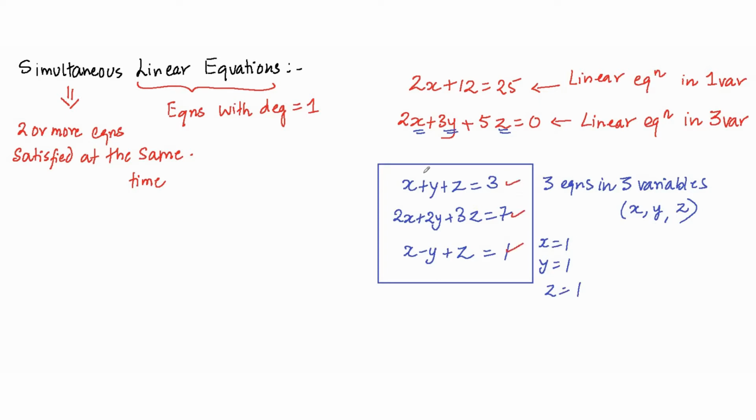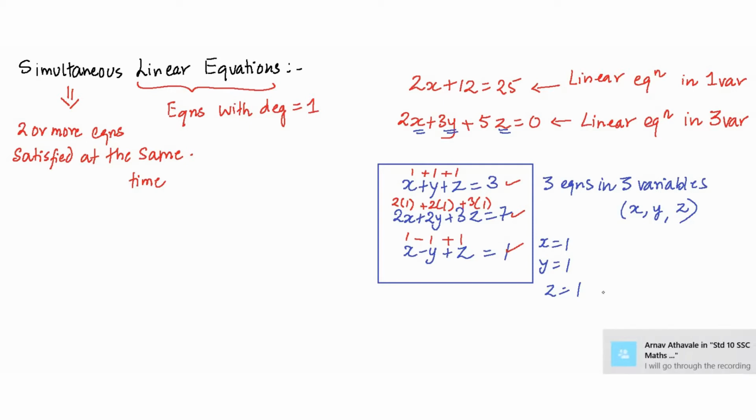So let's quickly check. 1 plus 1 plus 1 is indeed equal to 3. Then 2 times 1 plus 2 times 1 plus 3 times 1 is equal to 7, right? So 2 plus 2 plus 3 is indeed equal to 7. And 1 minus 1 plus 1 is also equal to 1.